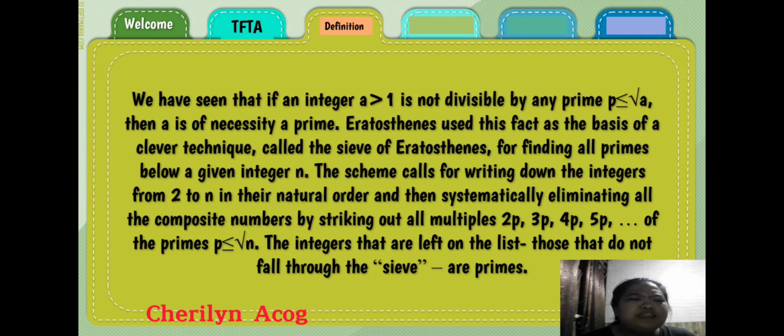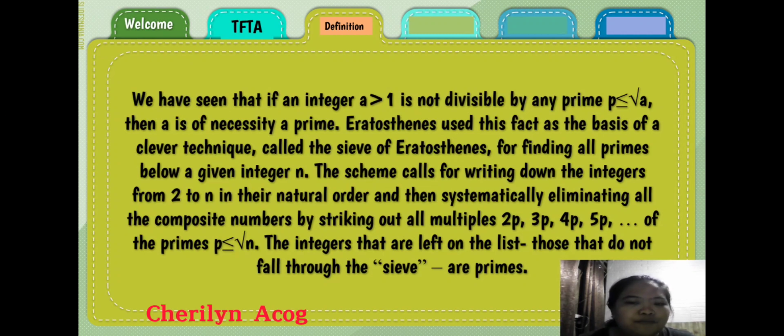We have seen that if an integer a greater than 1 is not divisible by any prime p less than or equal to the square root of a, then a is of necessity a prime. Eratosthenes used this fact as the basis of a clever technique called the Sieve of Eratosthenes for finding all primes below a given integer n.